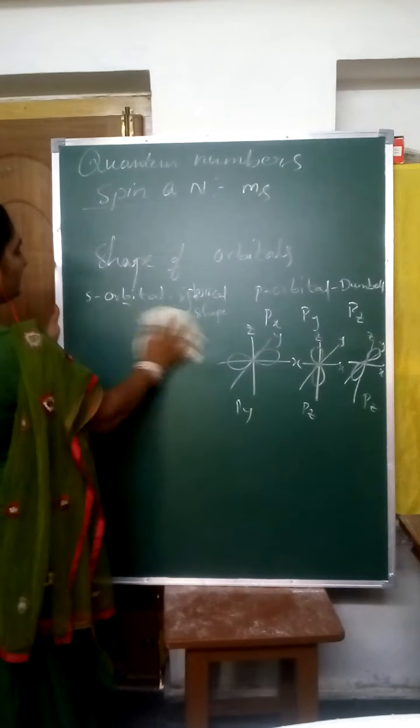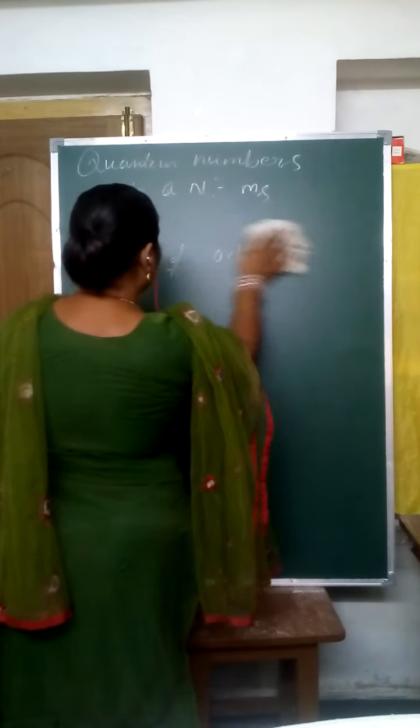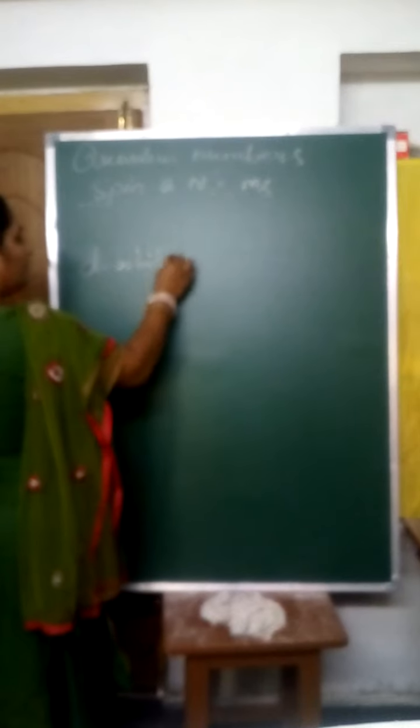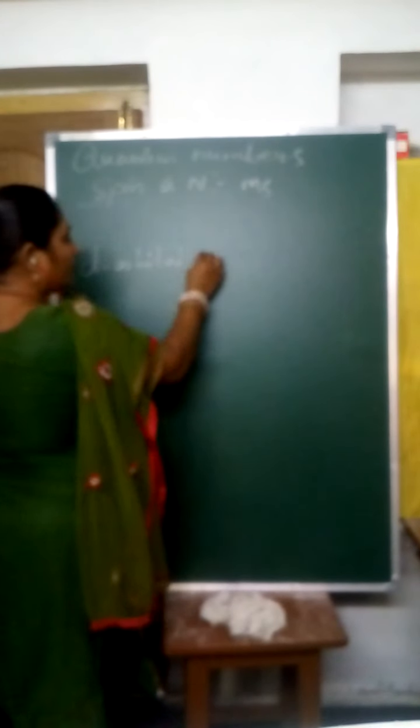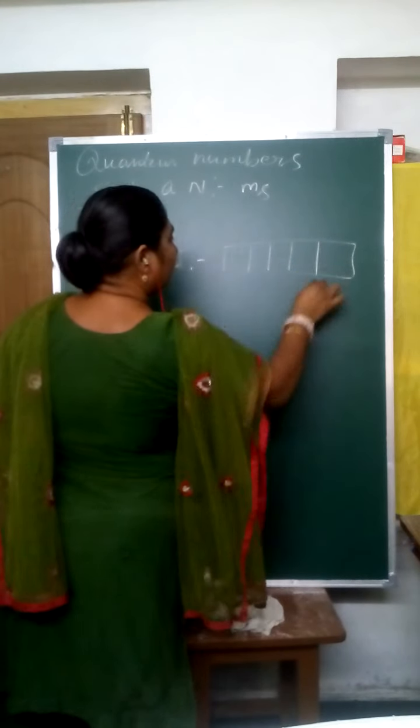Next, what are the shapes of the d orbitals? How many degenerate orbitals are there for the d orbital? How many boxes do you have to draw for this? 5, I already told you. 5 boxes we are drawing. If there are 5, that indicates the d orbital only.